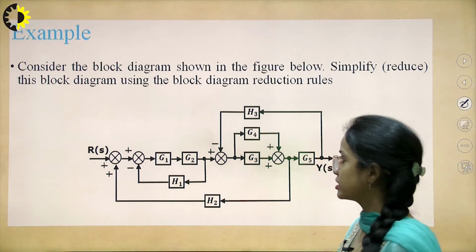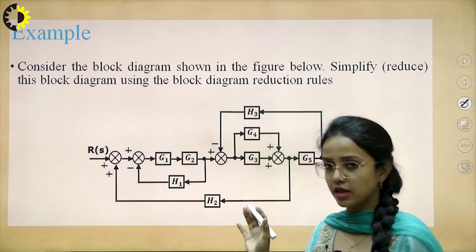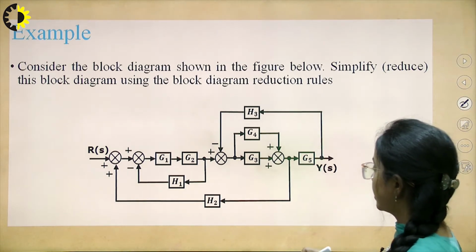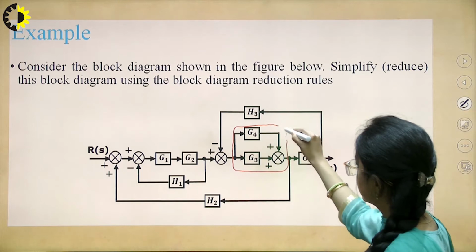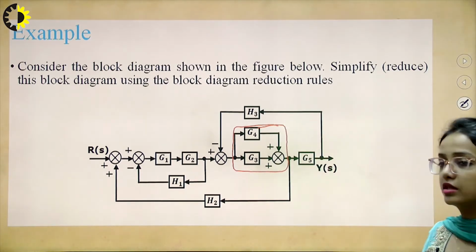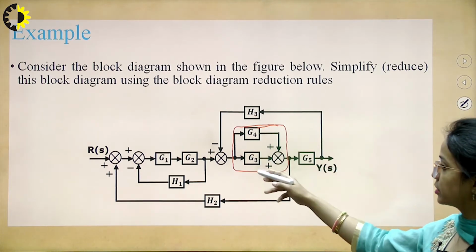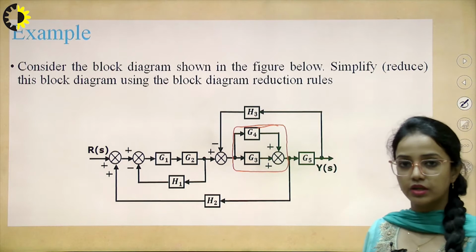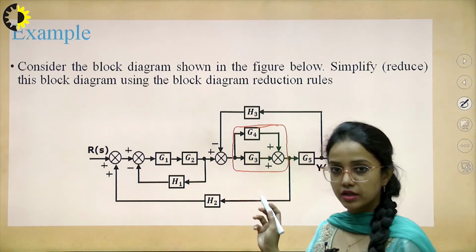Now, just by having the first look at this slide, we can see that this particular element of the block diagram is nothing but a parallel path. So the two of them can be reduced by combining the two blocks in parallel.